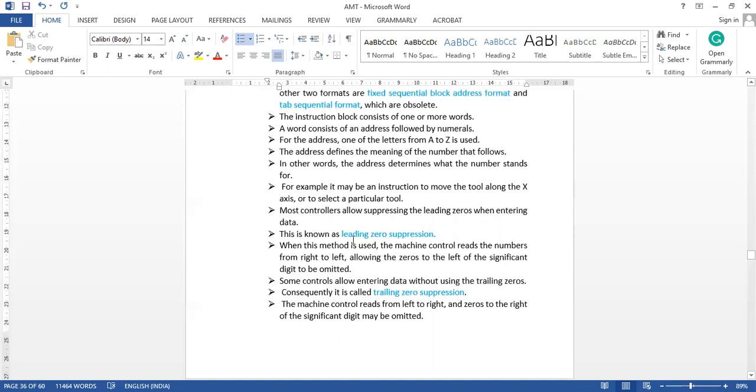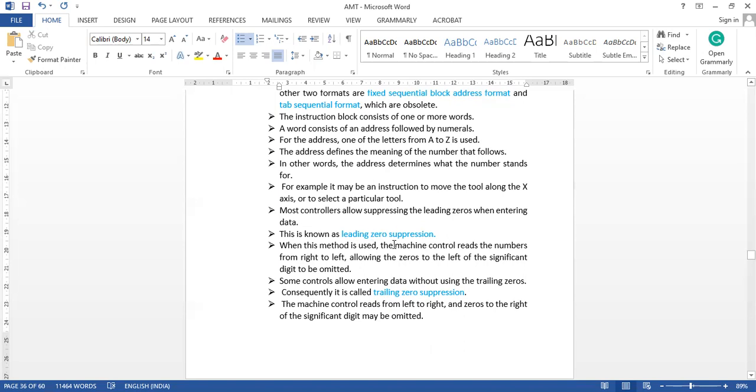Then two important terms: leading zero suppression and trailing zero suppression. Trailing zero suppression means some controls allow entering data without using the trailing zeros. Leading zero suppression means suppressing the leading zeros when entering the data.